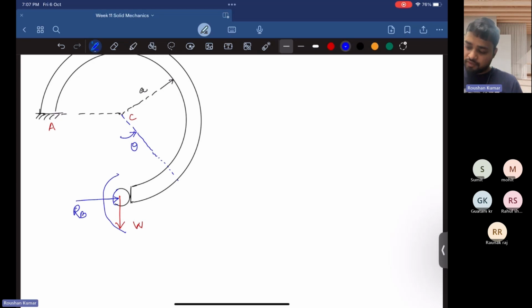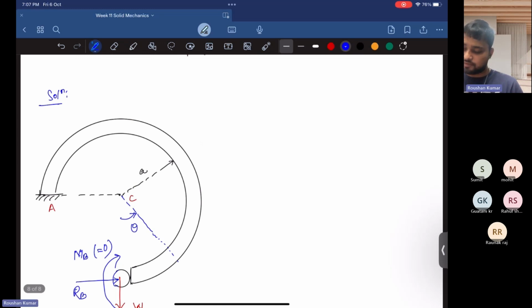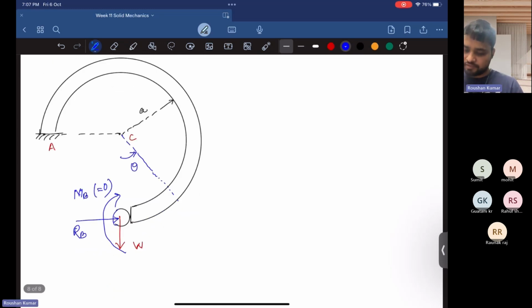There is also a dummy moment. It can rotate, so the moment here is 0, but we are applying a dummy moment to find out the deflection at point B. Now let's take a small section here and draw the FBD of this section.